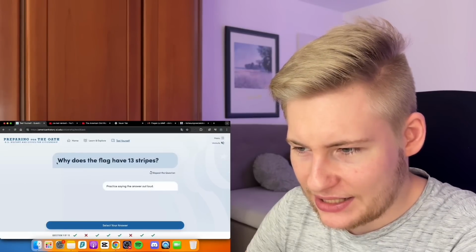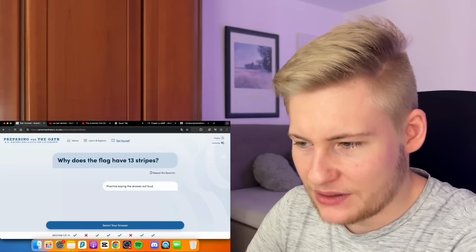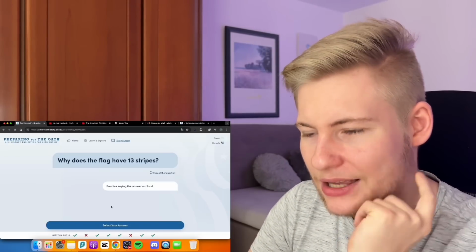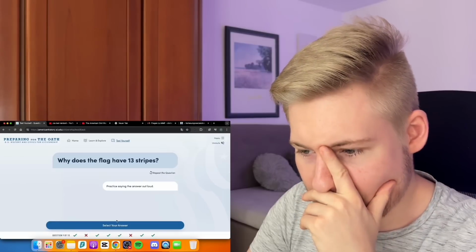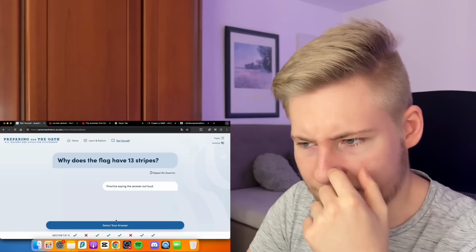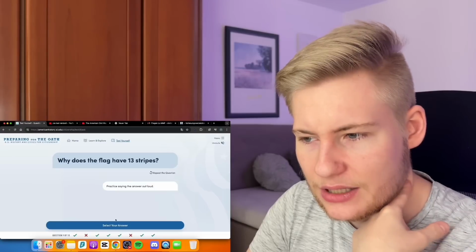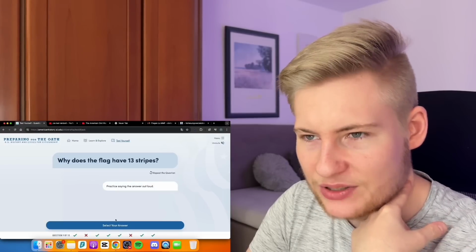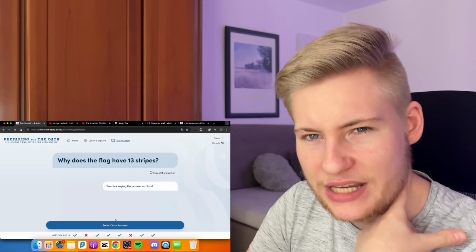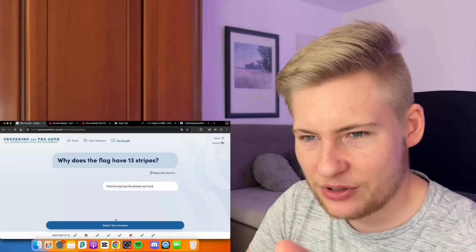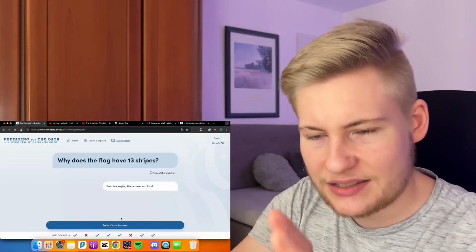Why does the flag have 13 stripes? Okay, so the 50 stars are for the 50 states. It is 50 stars, right? Yeah, I think so. So maybe the 13 stripes are because there were not always 50 states, right? We saw an oversimplified video and there were only the eastern states.